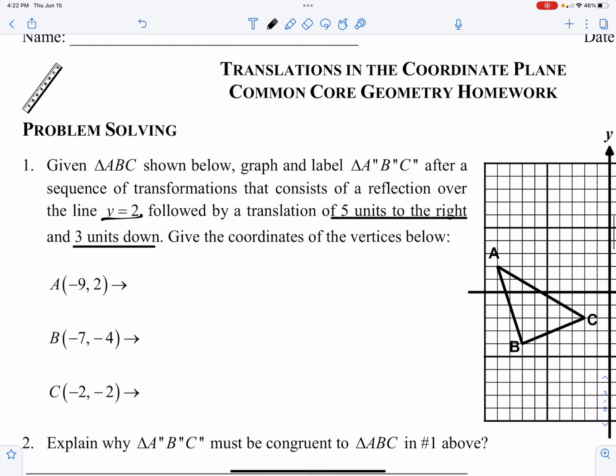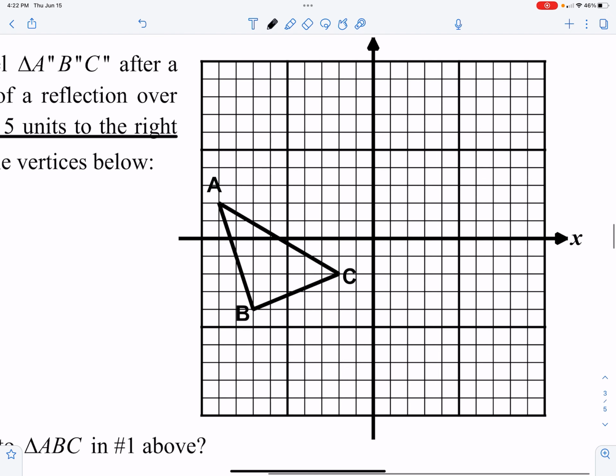Well, I'm first going to find A prime, which is going to be the reflection about the y equals 2 line. So y equals 2, 1, 2, right there. To reflect about that line basically means that A is going to be right there because it's right on the line, but B is going to be this far away.